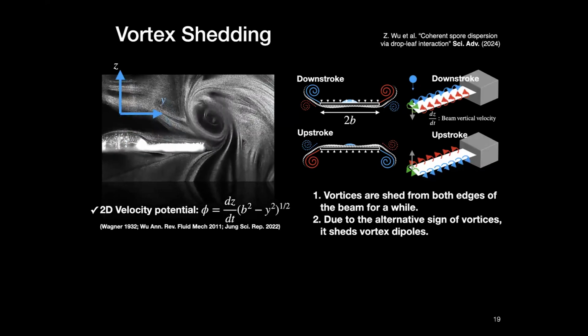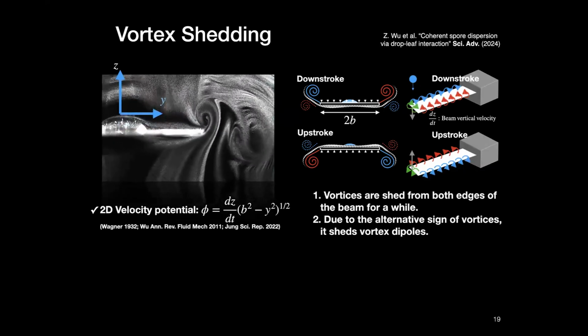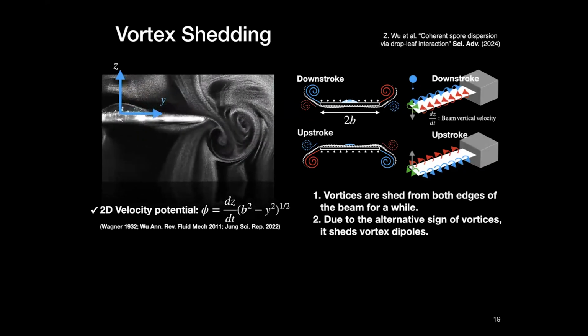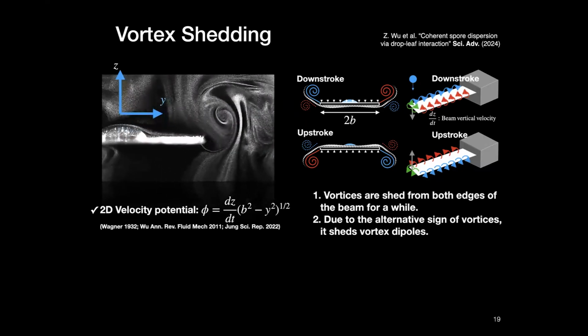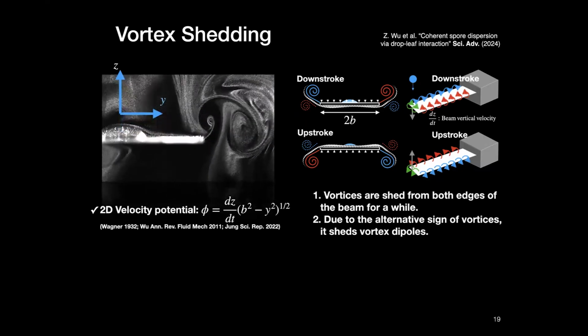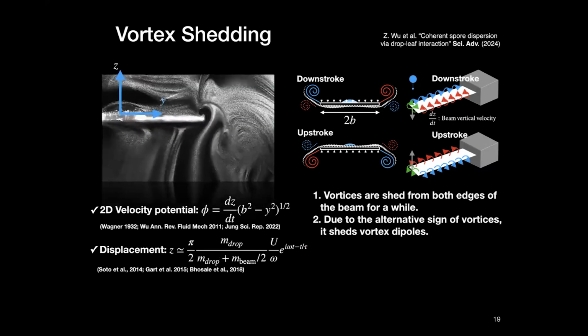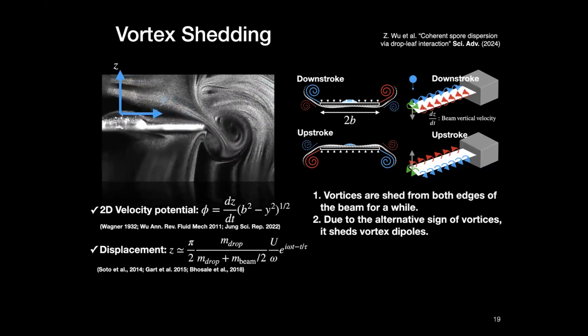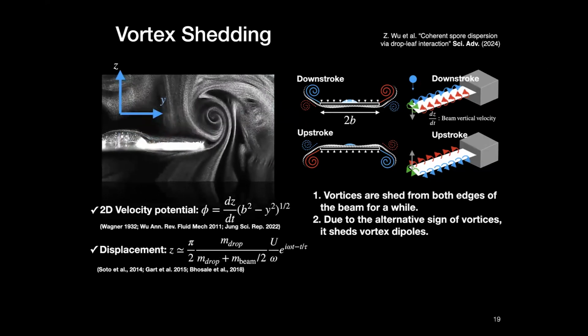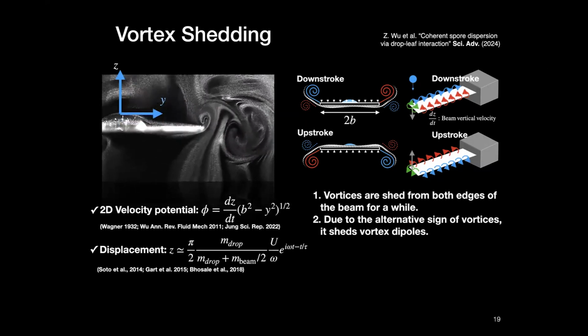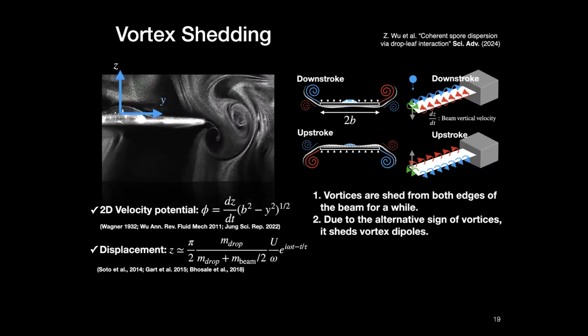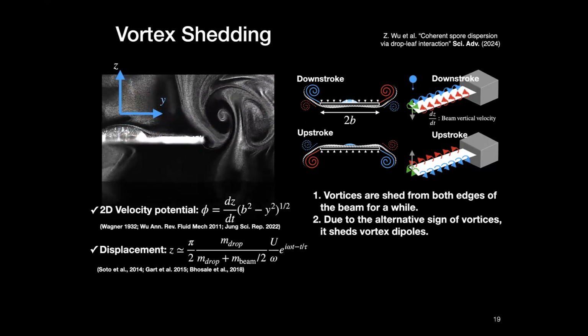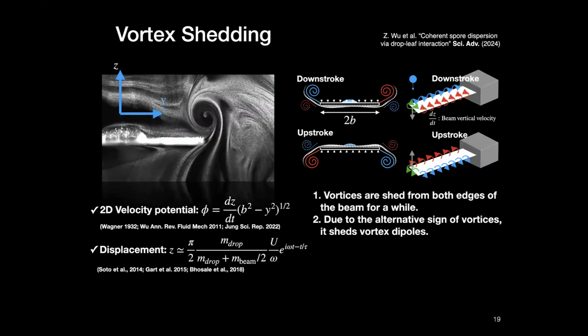To quantify this, we use the 2D complex velocity potential, which was introduced by Wagner and von Karman. With this velocity potential, we also look at the momentum balance: how much momentum the raindrop carries, and what the velocity or momentum balance of the leaf is.